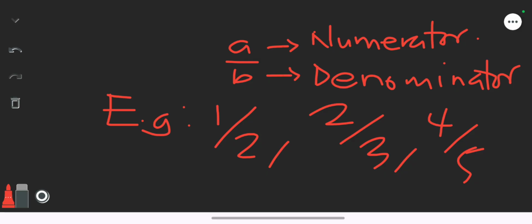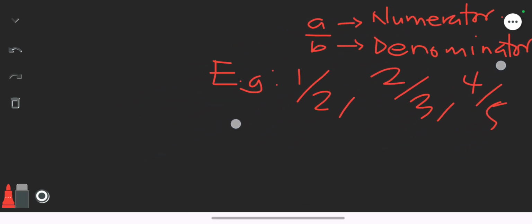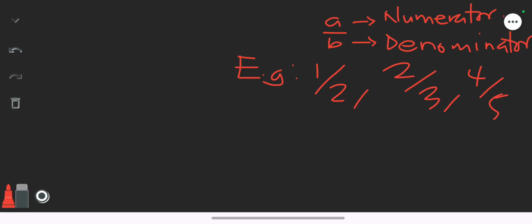Right, so let's look at a pictorial example of a fraction. Let's look at a real life example of what a fraction is.